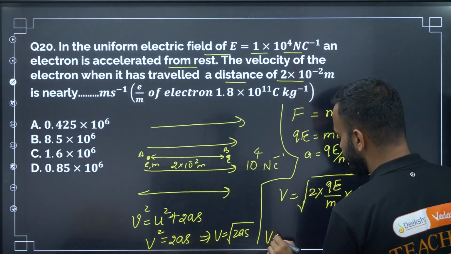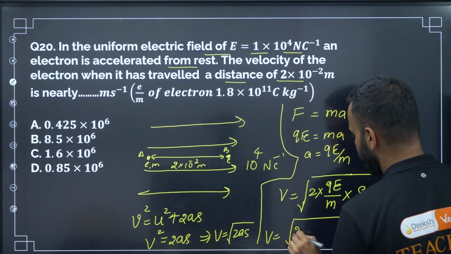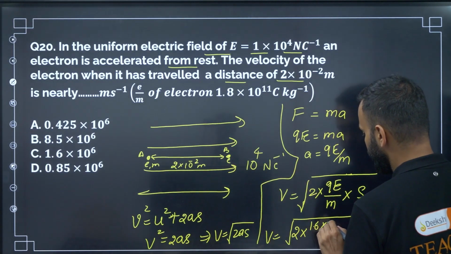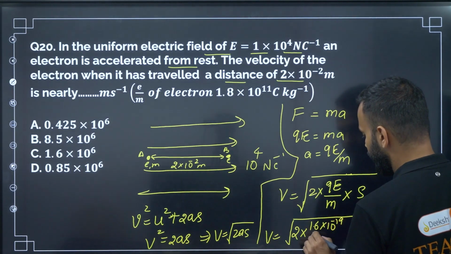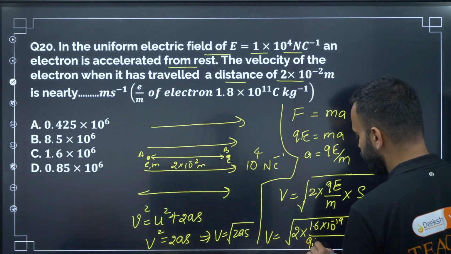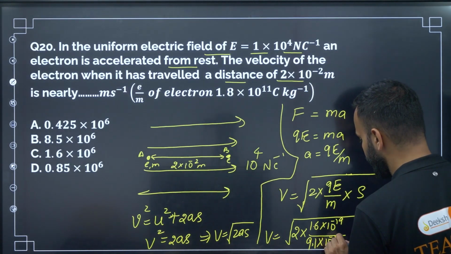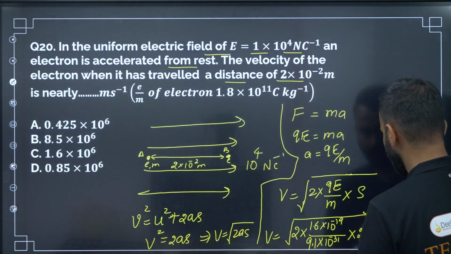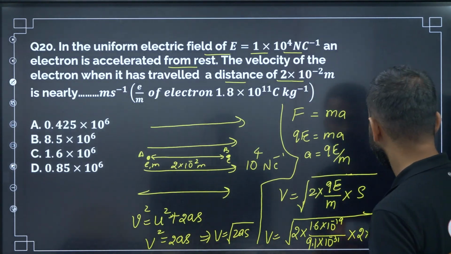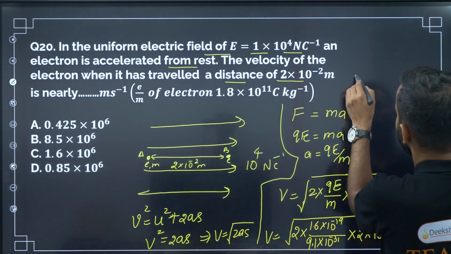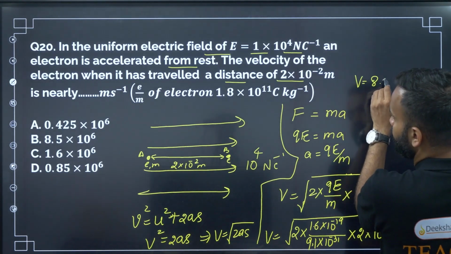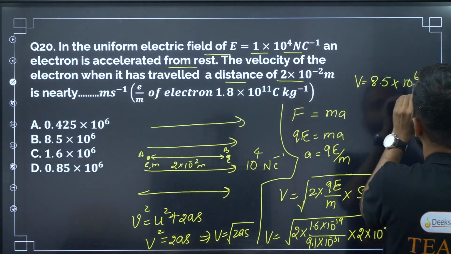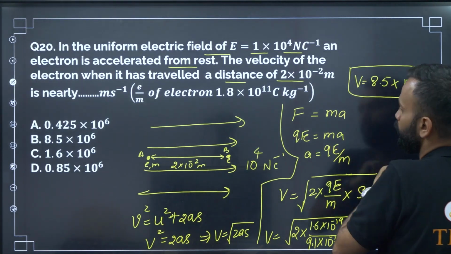Now substitute the values. Root of 2 into q, the charge of the electron, 1.6 into 10 to the power minus 19 coulomb, divided by m, the mass of the electron, 9.1 into 10 to the power minus 31 kg, into s, the distance traveled by the electron, 2 into 10 to the power minus 2 meter. Now solve this, you will get v equal to 8.5 into 10 to the power 6 meter per second.